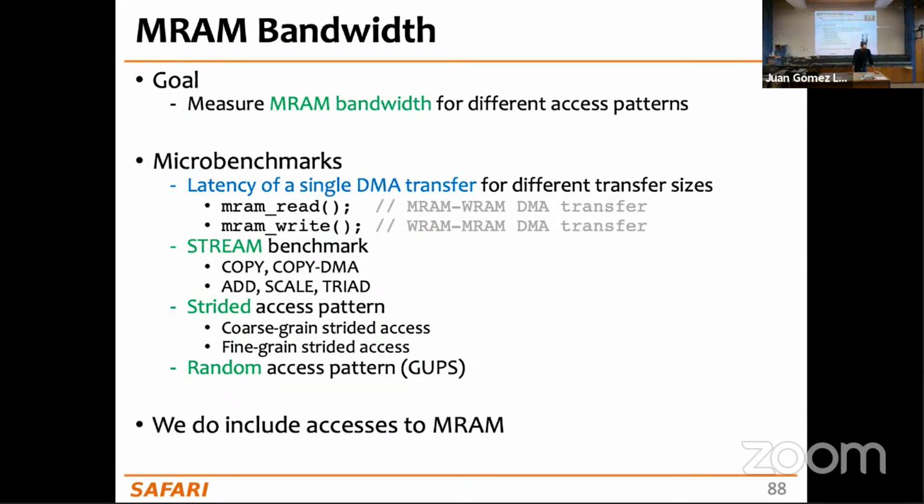So the first thing to take into account here is that it's not only the individual ALU operations, additions in this case, it's also that we have to access the operands, and this requires to go to WRAM and then write the results back to WRAM.